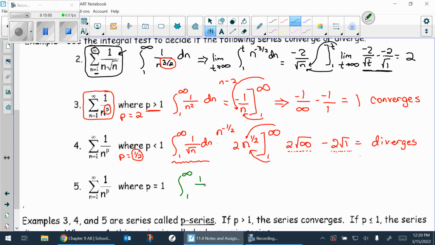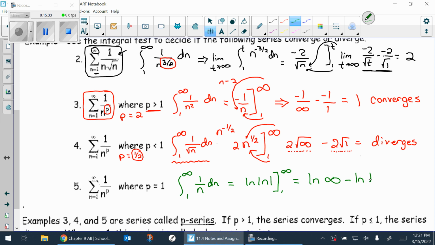And I'm going to have 1 over n to the first. If I take the antiderivative of that, it's going to be natural log of the absolute value of n, evaluated between 1 and infinity. So we're going to have the natural log of a really huge number minus the natural log of 1.